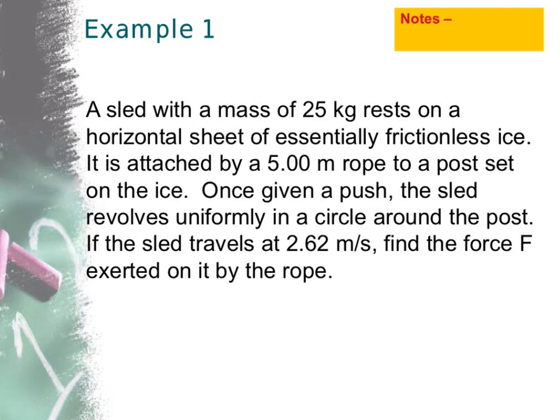Okay, so as I read through this, I notice I have a sled with a mass of 25 kilograms. So I'm going to come over here to a blank piece of paper, and I have a sled of 25 kilograms. And it says it is attached to a post.